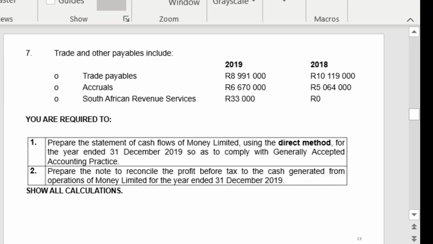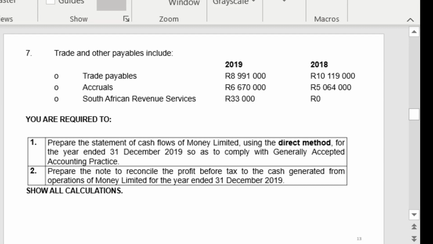So if you go to the statement of financial position and go line per line item for each transaction, reading with the additional information, you should be able to determine what the bank movement will be. That's what we're interested in, because the standard stipulates that only the movement in cash and cash equivalents should be reflected in the statement of cash flows.